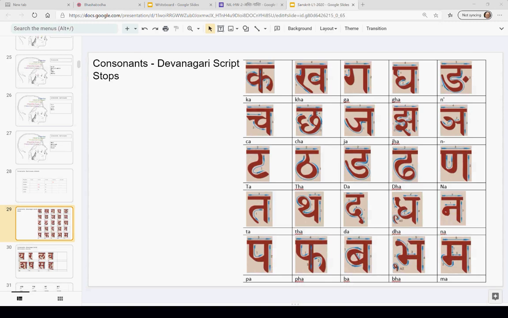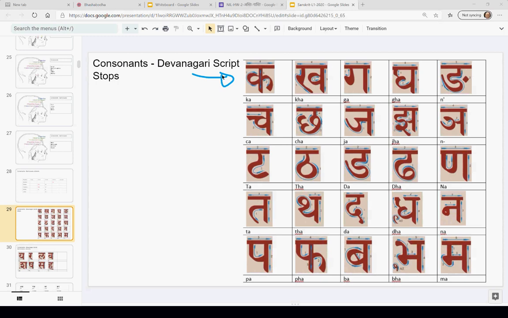So why are these all different lines? Based on their uchcharana sthanam, or the position of their pronunciation, or position where the tongue or the lips touch within the mouth inside to produce these letters.